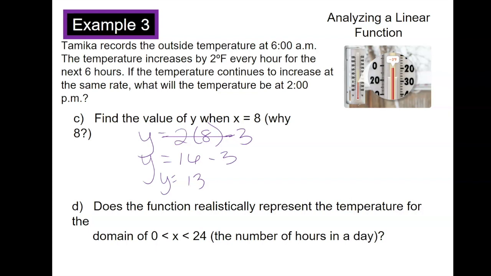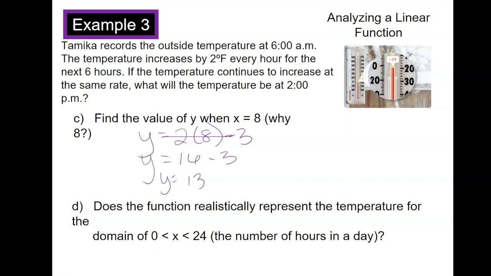Okay, we're going to move on to, does the function realistically represent the temperature? Well, the function has a slope of 2, which represents the temperature rising each hour. However, when the sun sets, it's unlikely that the temperature is going to continue to rise. So it's really only realistic for a portion of the day, right?